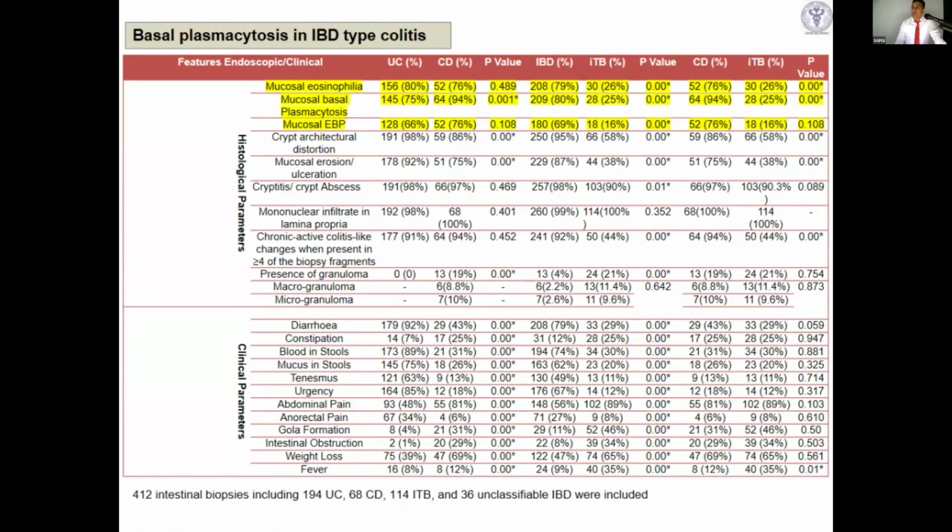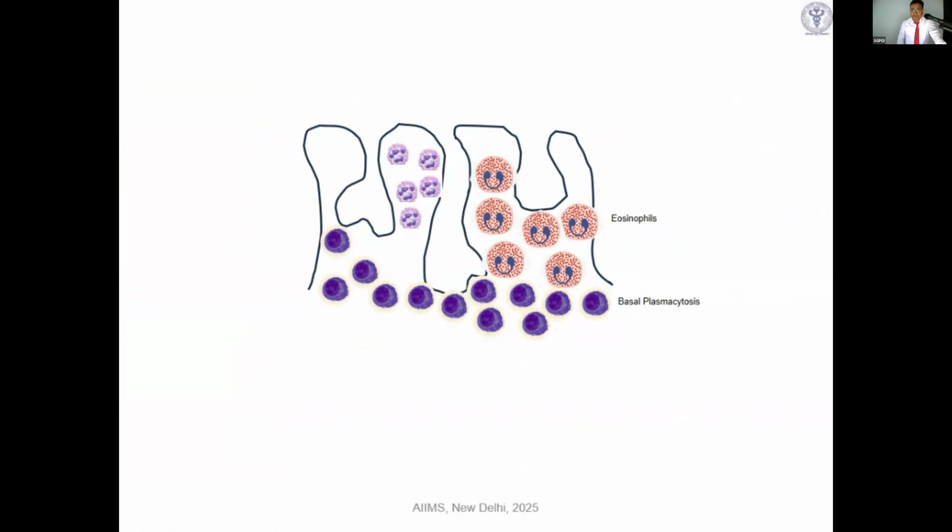Please remember that only the presence of eosinophilia when basal plasmacytosis is not there is never specific for inflammatory bowel disease. So now we know that to call something IBD, we at least have to have architectural distortion, neutrophilic activity, and basal plasmacytosis, and if eosinophils are identified, that will also help.